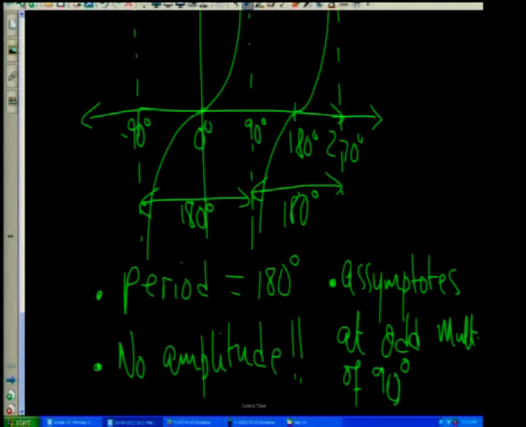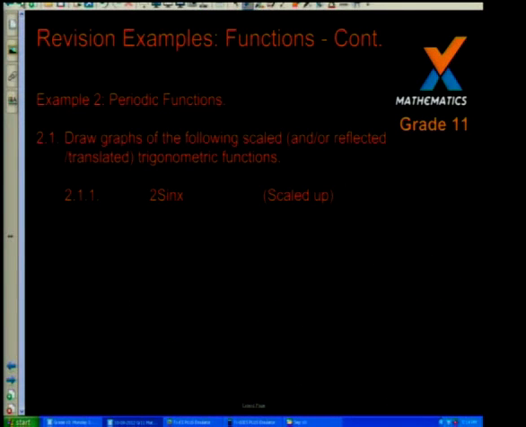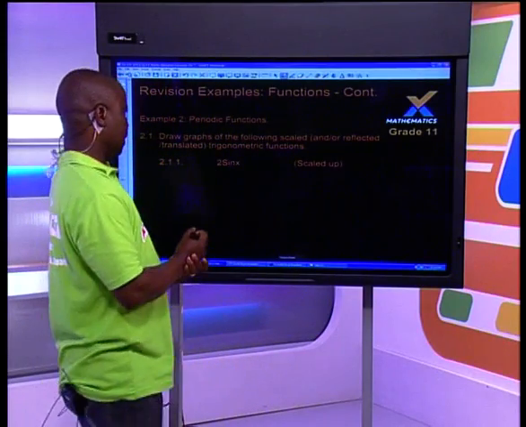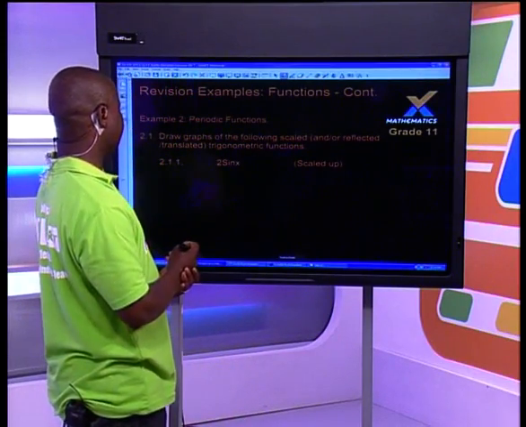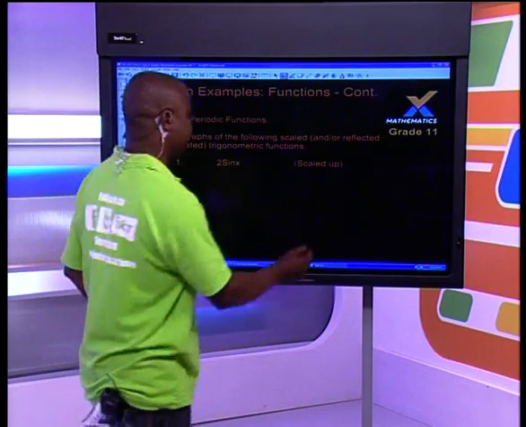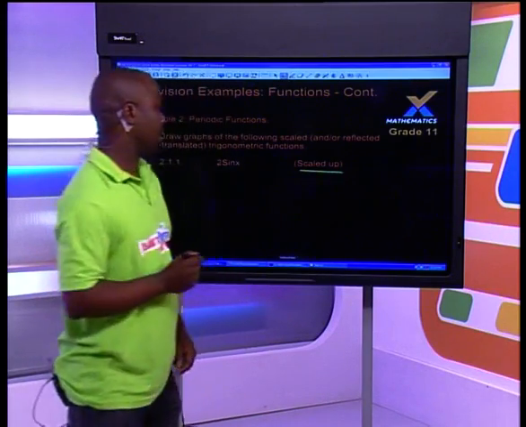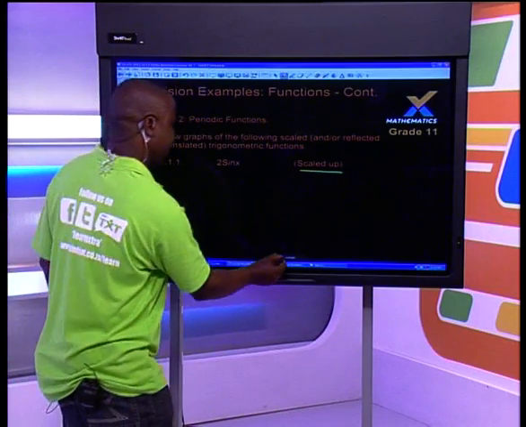Let's move on to a bit of transformation of these functions. We're going to take first a sine graph and scale it up. And what do I mean by scaling it up?